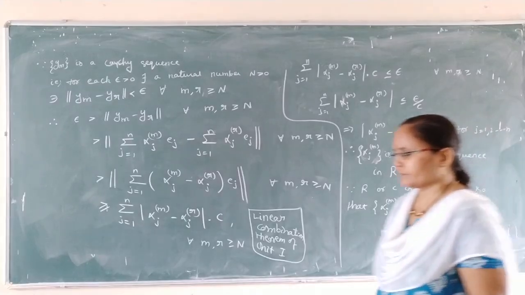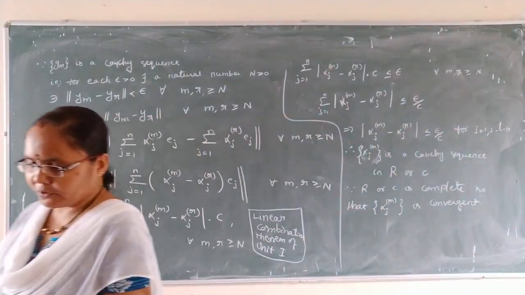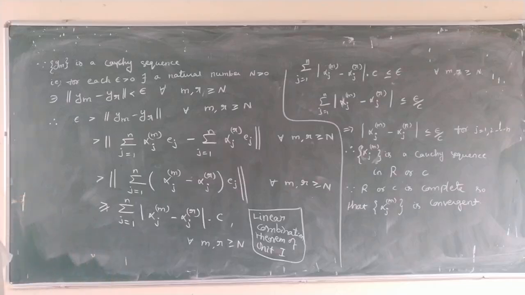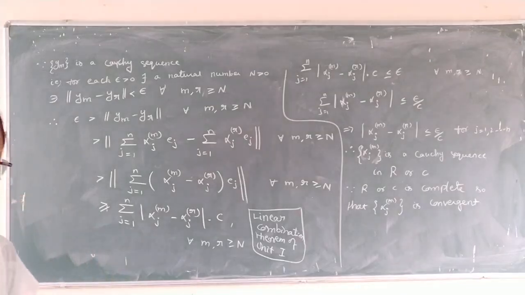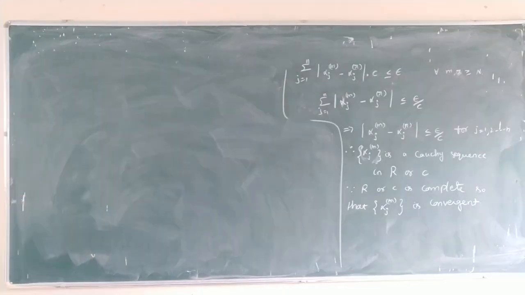From this video only you can copy the notes. Listen carefully and copy it. Now we have to take that the limit point is alpha j.